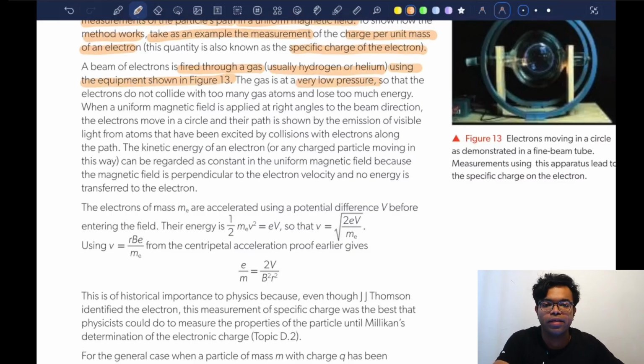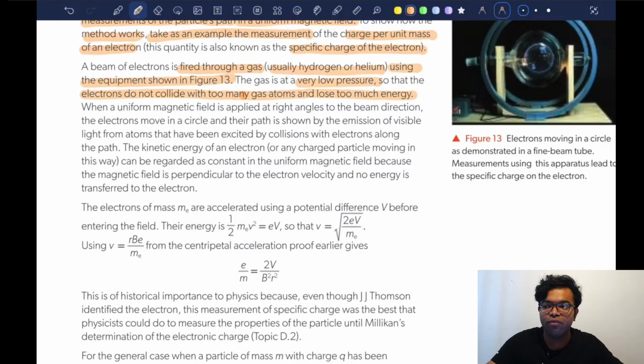So we have to calculate the charge to mass of a particle. Now what have we taken here? We have taken a gas at very low pressure, and we are taking helium gas here. This gas is at very low pressure so that the electrons do not collide with too many gas atoms and lose too much energy. So, why do we take gases at low pressure?